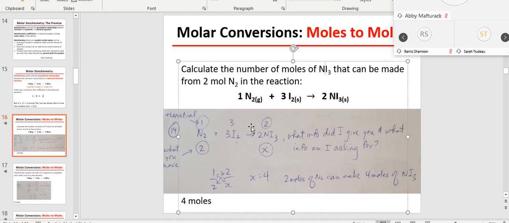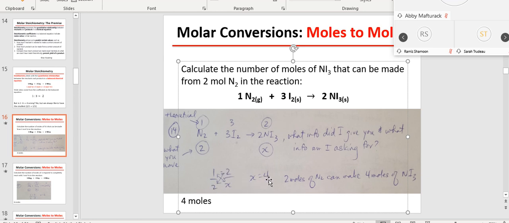So here, what you do is you're going to do a box. And see, we're not worried about this one here. It's 1 to 2 over 2 over x. There's your box. 1 to 2, 2 to x. Cross multiply. So it's 1 times x is equal to x. 2 times 2 is equal to 4.